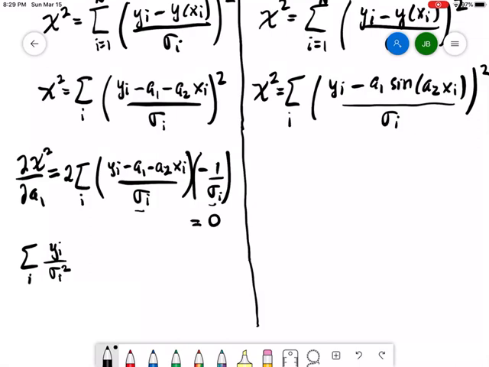And then what's left over is the minus sign from the 1 over sigma, and the minus signs in front of the a1 and the a2 will cancel, and so we would get the sum of a1 plus a2 xi over sigma i squared.